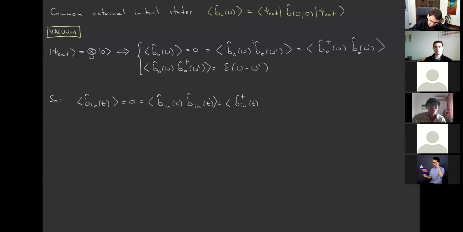So in particular, we have these combinations here. And then again, for the same kind of arguments, we have that this one in here is the only one that is non-zero.